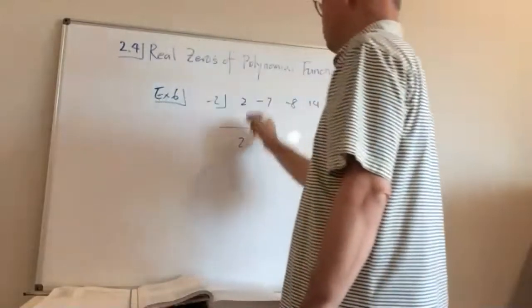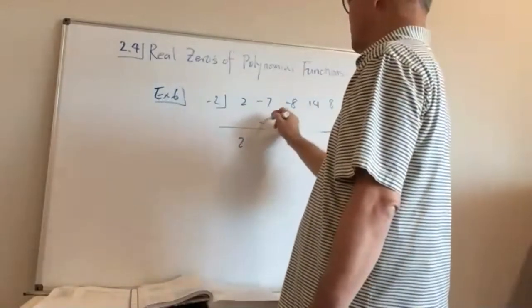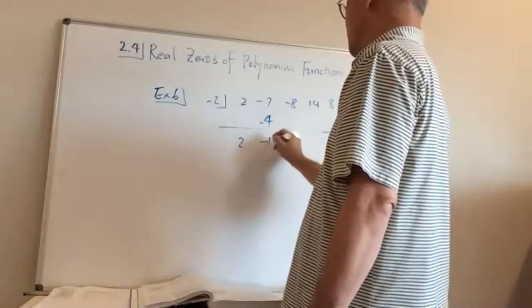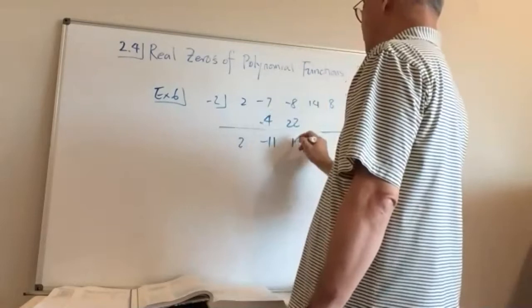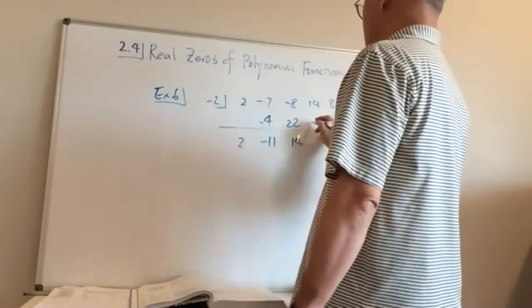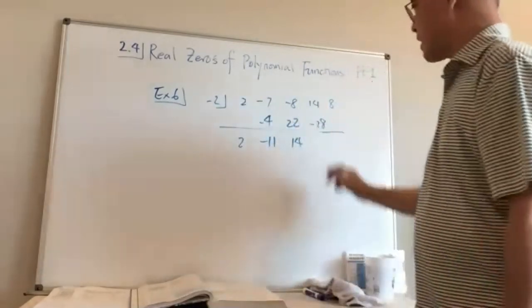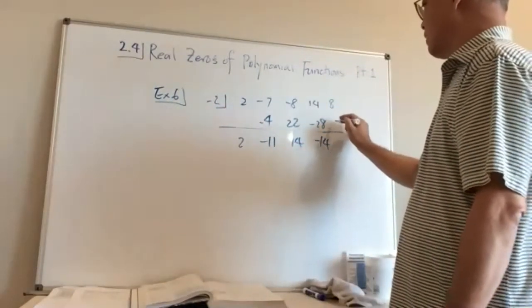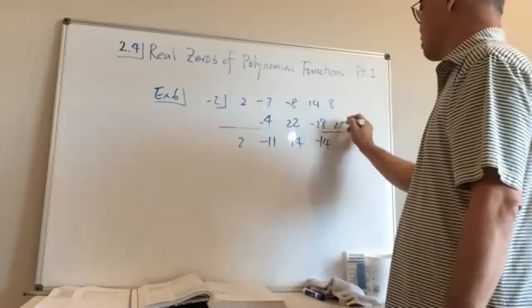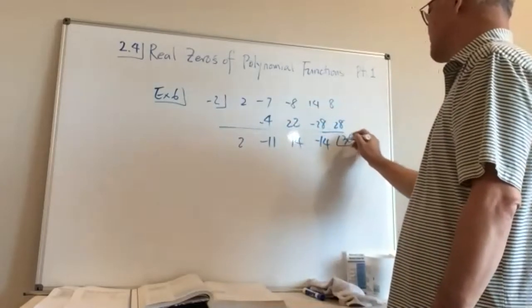-2, 2 comes down, -4, -11, 22 add together is 14, -28 add together is -14, -14 times that is 28, so it's going to be 36.